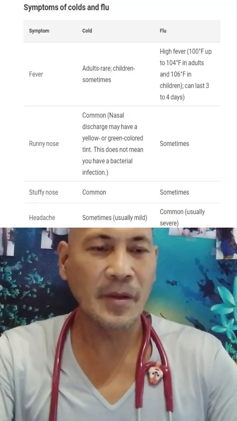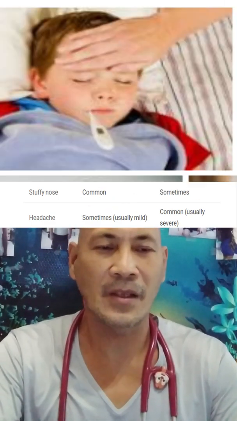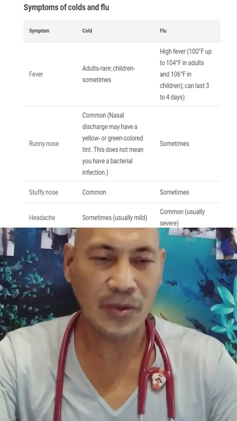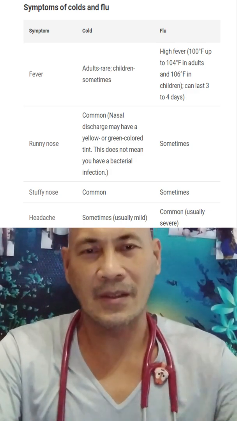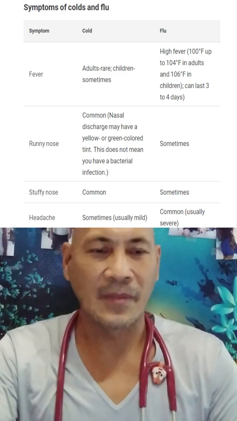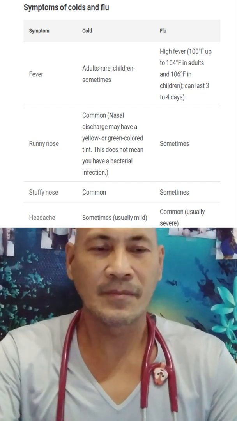Now, first is fever. Fever is known to be high in patients with influenza infection or flu. It is common in children, and this can last 3 to 4 days.